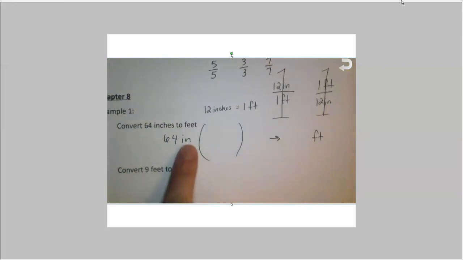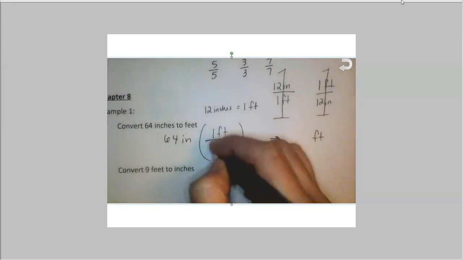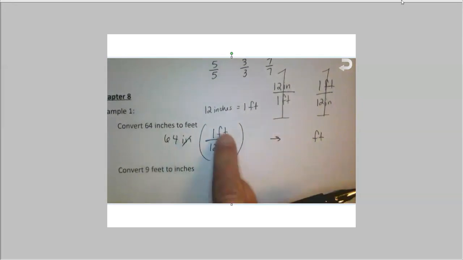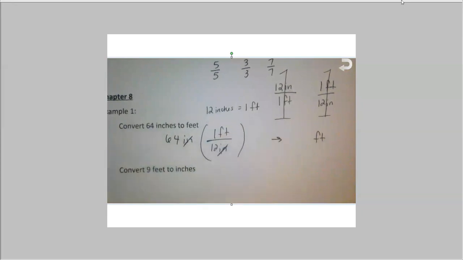Since I have inches, I'm going to use the second one here, 1 foot over 12 inches, because I can reduce these units of measure diagonally, and feet is what's left over. So 64 times 1 divided by 12. Okay?